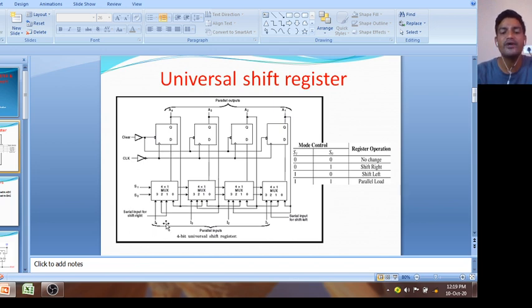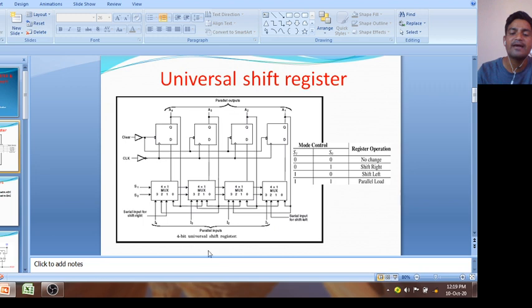Now when 1 1, what will happen? When there is 1 1, there is parallel load. In this case we will take input directly: 1 1 means I3 is selected, so I3 here, this 3, this 3, take or give parallel input. You know what a parallel in parallel out register is?